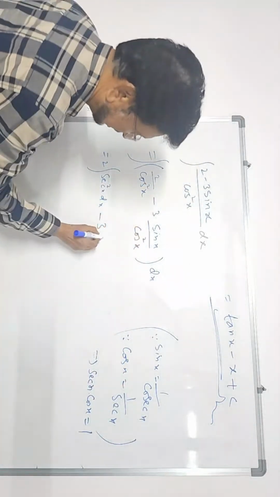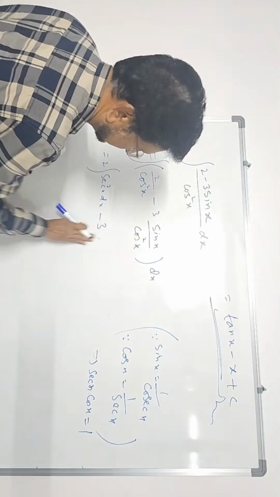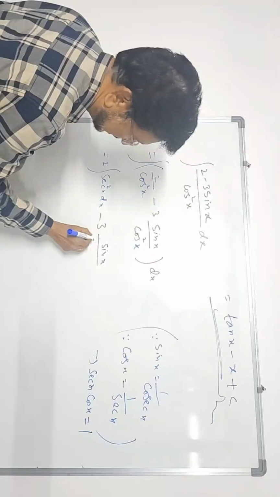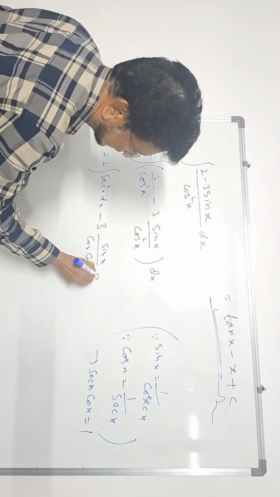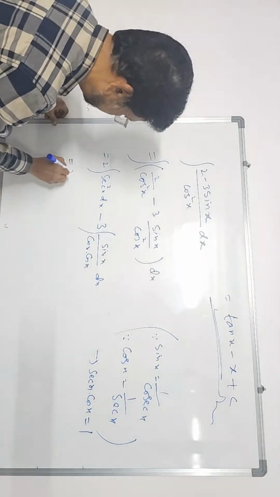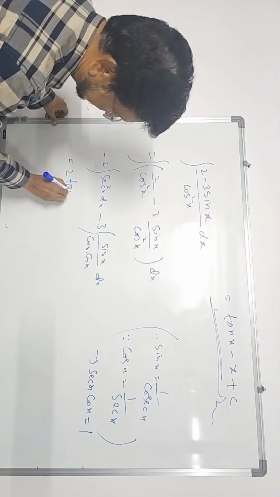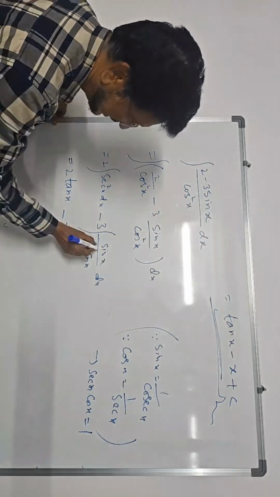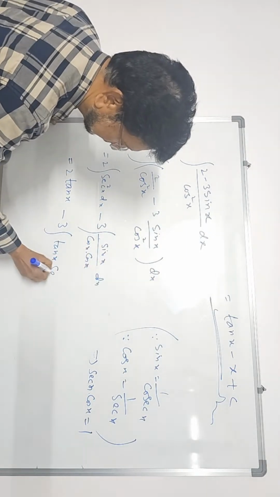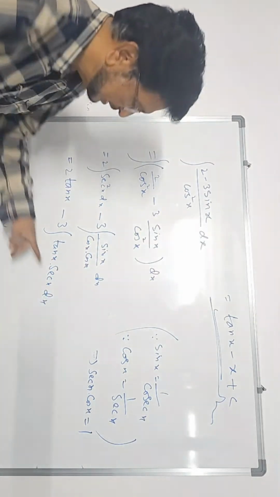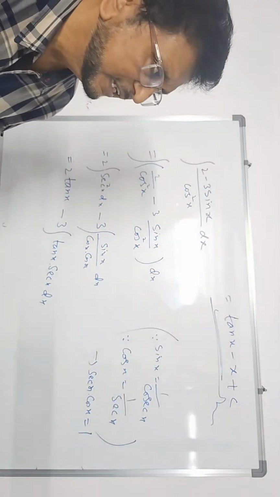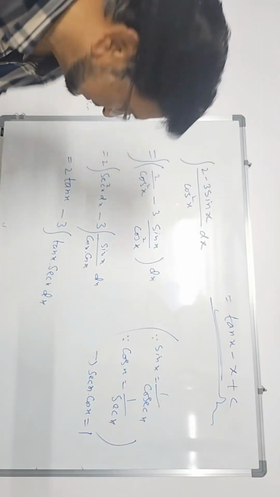Therefore, this I will write separately. Sin as it is. In the denominator, cos x into cos x, it becomes cos square only. Therefore, 2 into the integration of sec square x, you know, is tan x. Then 3 into sin by cos is tan, 1 by cos is sec: integration of sec x tan x. What is the answer? In the previous question I have given: integration of sec x tan x is sec x.